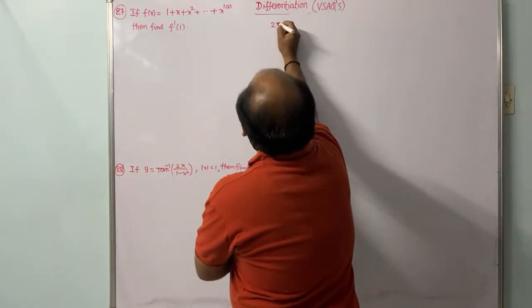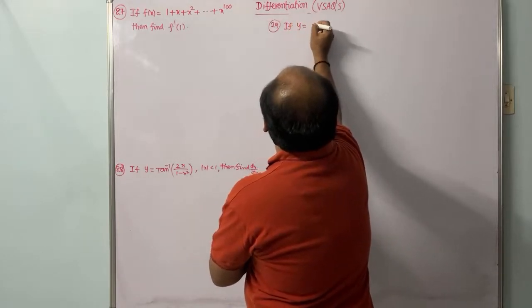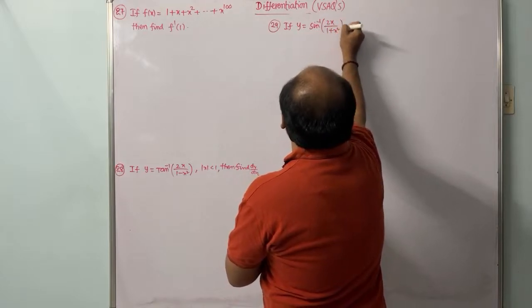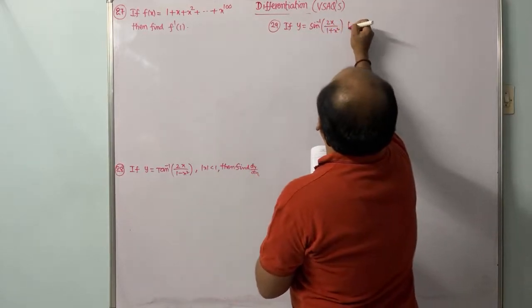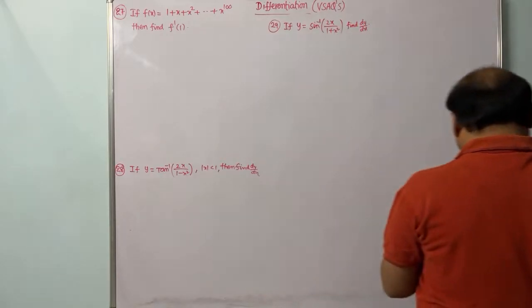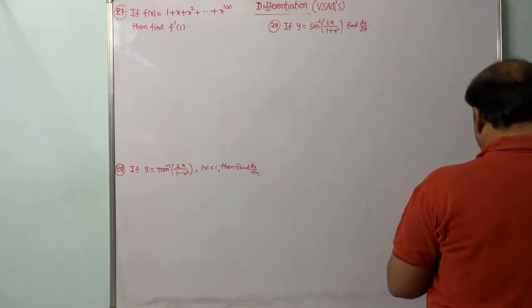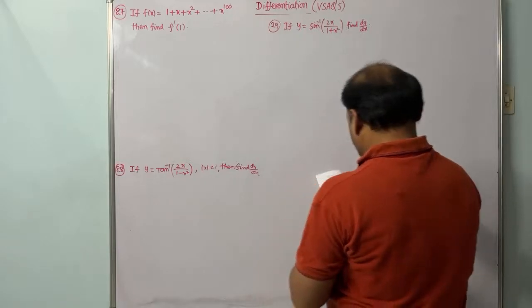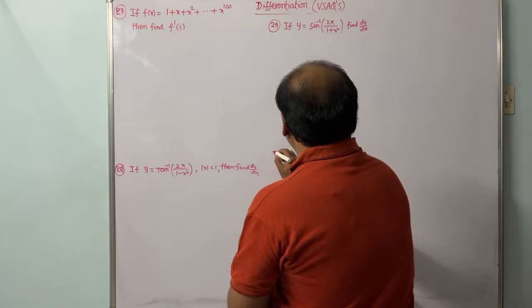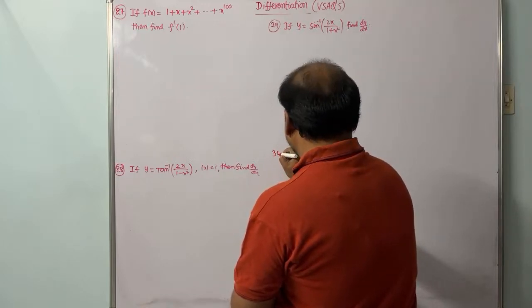Next, question number 29. If y equal to, same type of questions, dear students, sine inverse of 2x by 1 plus x square, find dy by dx. After that, number 30.